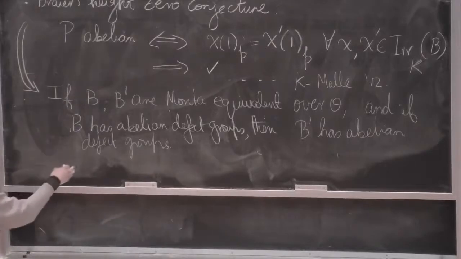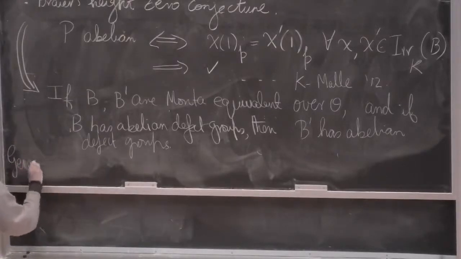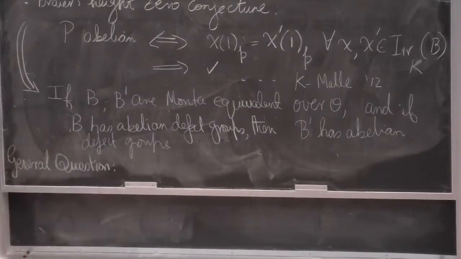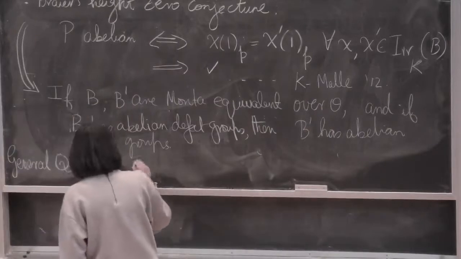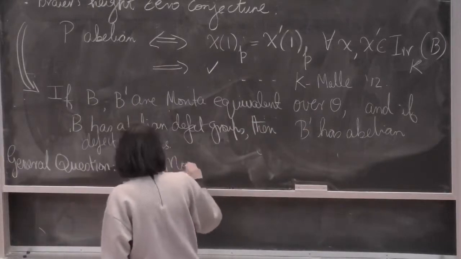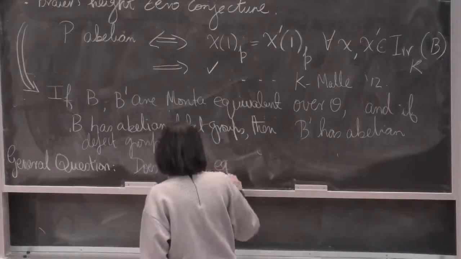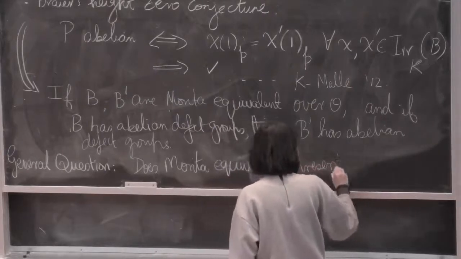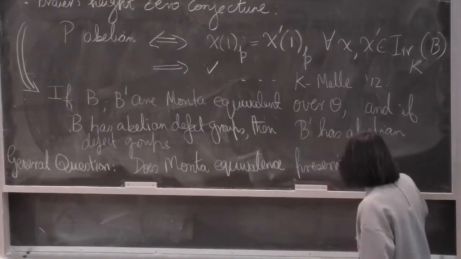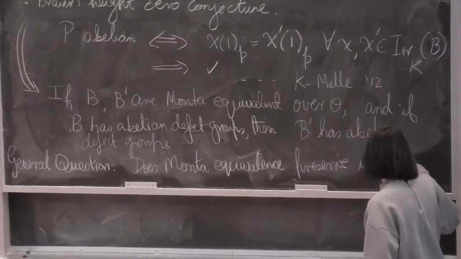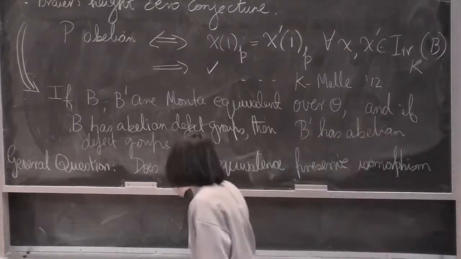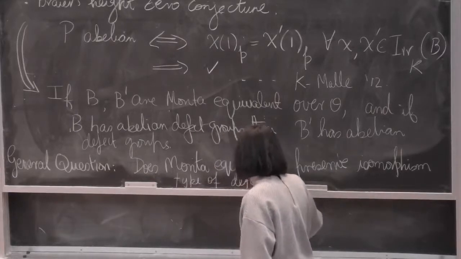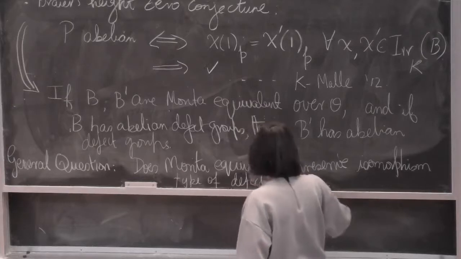If you find this one too easy, then you can try a more general question: does Morita equivalence preserve the isomorphism type of the defect group?